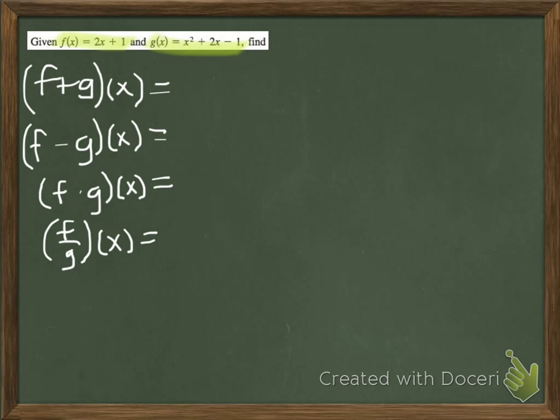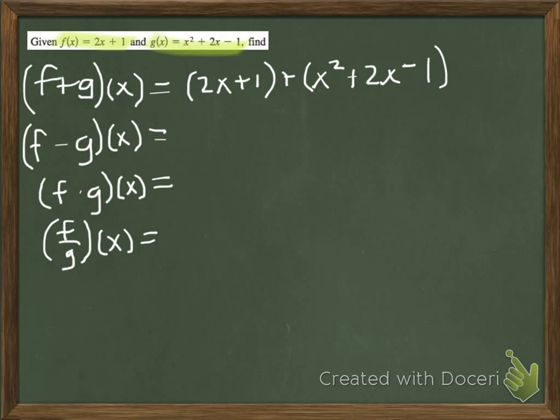So, f plus g of x. To add those functions, just add their outputs, which is 2x plus 1 for f, and x squared plus 2x minus 1 for g of x.